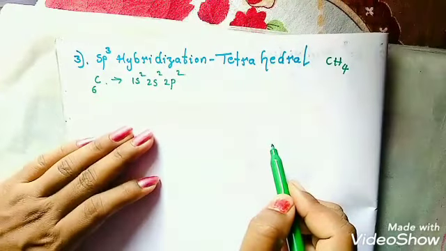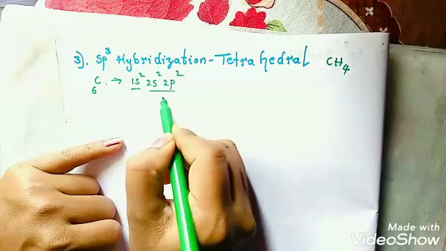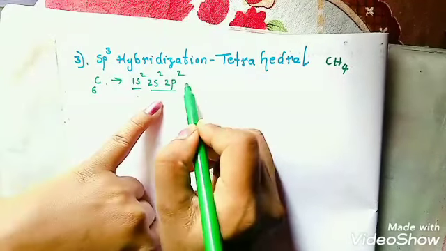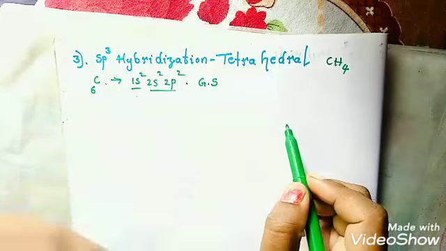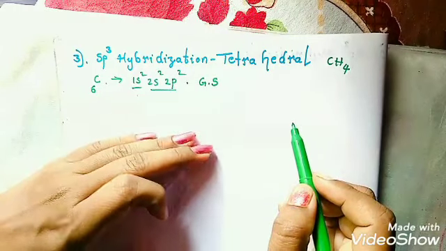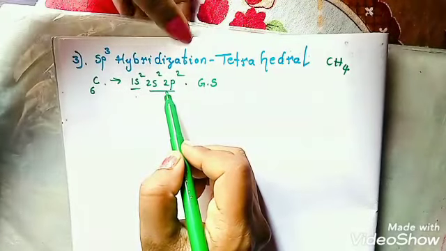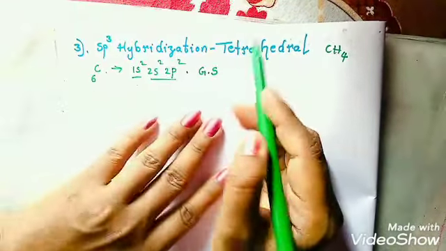If you do like this, the first shell and second shell contain only 4 electrons. So this is the ground state electronic configuration. There is no need to draw the electronic configuration of the excited state. Why? Because in the ground state the outermost electrons are 4, students, here. So no need to write the excited state electronic configuration.